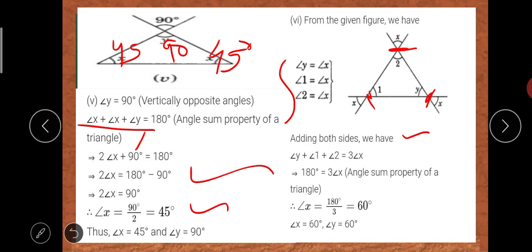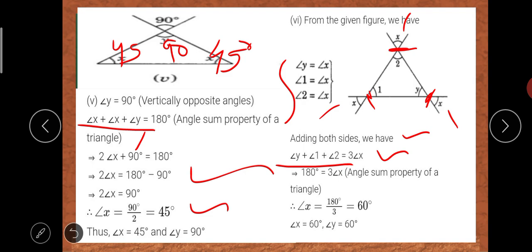Now adding both sides, we have what we having here? x. Okay, y is given here. y plus 2 plus 1, which is equals to what? 3x. Here it is 1x, 2x and 3x equals to 3x.